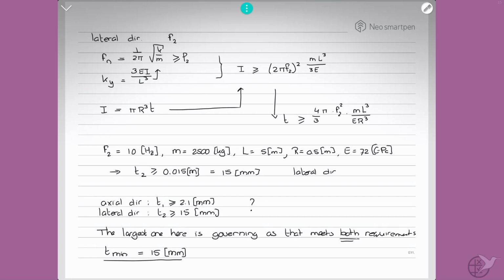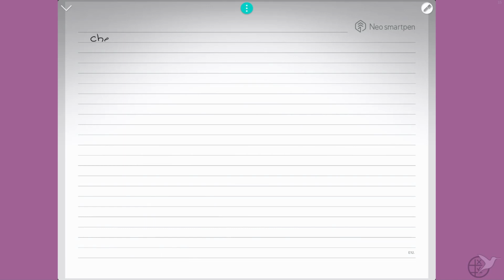In the second half of our problem, we must check if our total stresses are smaller than the allowable stresses, and the allowable stresses are defined as the ultimate stresses over the safety factor, and if our actual loads are smaller than the Euler buckling load.